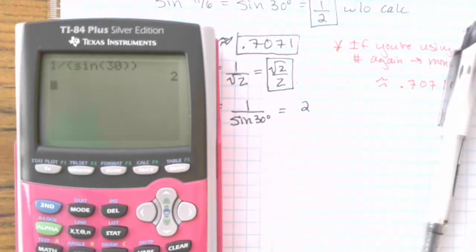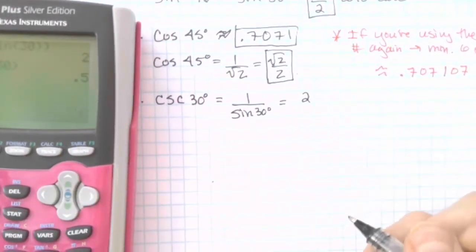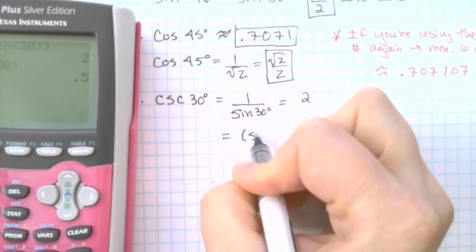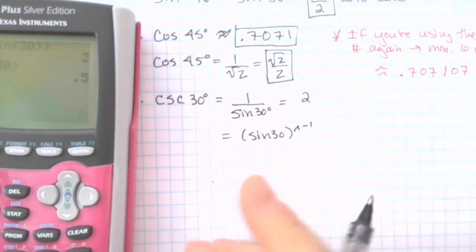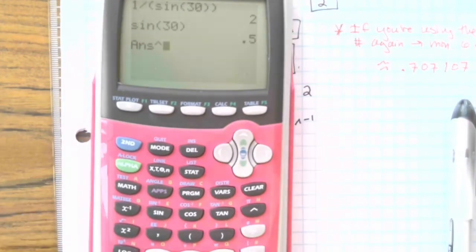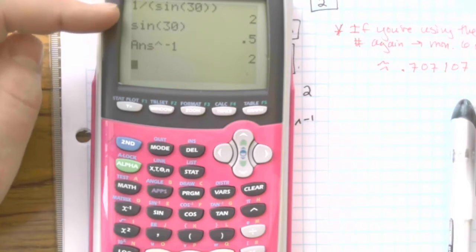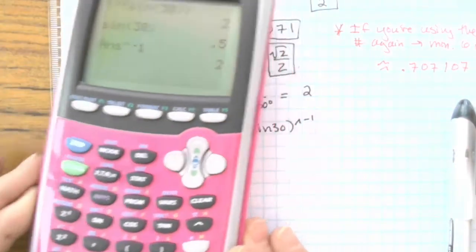The other way to enter it is to find sine of 30, press enter, and then flip it, which means you're going to raise it to the power of -1. So what does that mean? You're going to go sine of 30, and then when you're done, you're going to raise it to the power of -1, which will flip it. So we take that, we use the caret to the power of -1, and we get our 2. So you can do it with the 1, or you can find sine of 30 and just flip it using a -1 exponent.